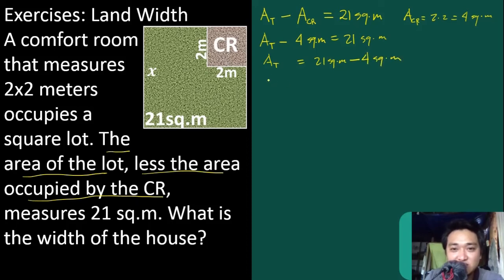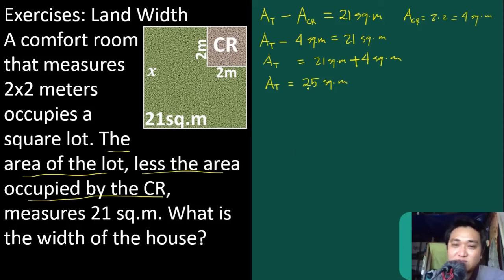And that will be the total area is equivalent to, by the way, nung transpose pala natin siya, kailangan nagiging positive pala siya. Don't forget ha, muntik na natin makalimutan, na si negative 4 pagka transpose pala, magiging positive 4. So 21 square meters plus 4 square meters, that will be 25 square meters.